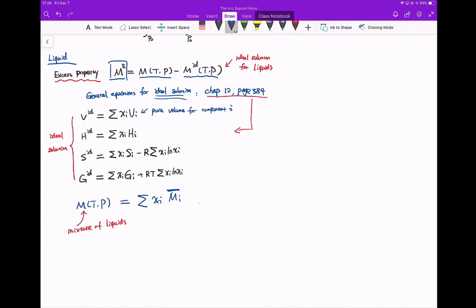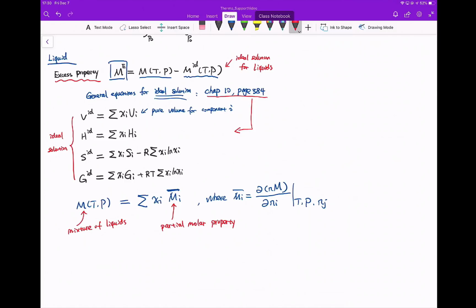Mi is defined as the derivative of the total property over that component Ni, evaluated at T, P and Nj fixed. Hope you recall this is the partial molar property.